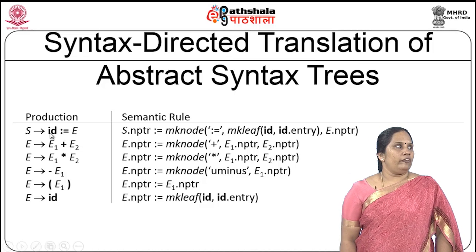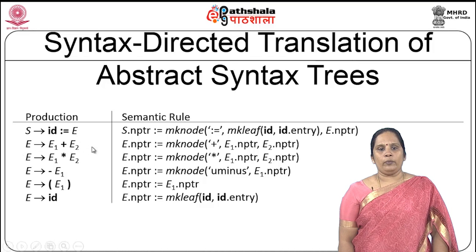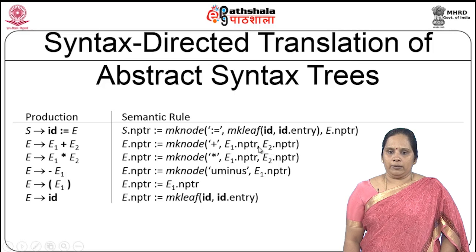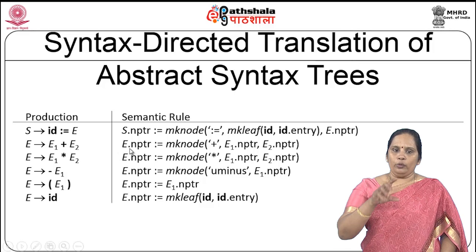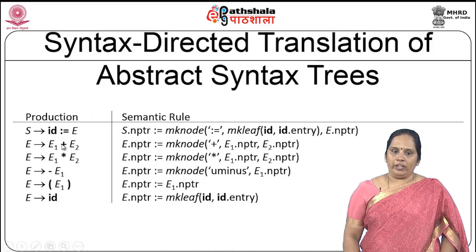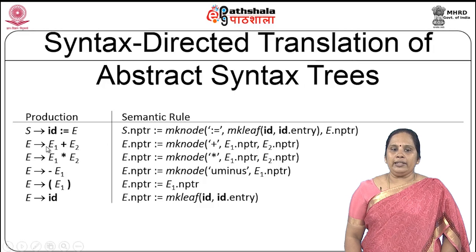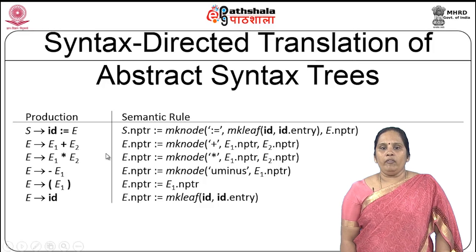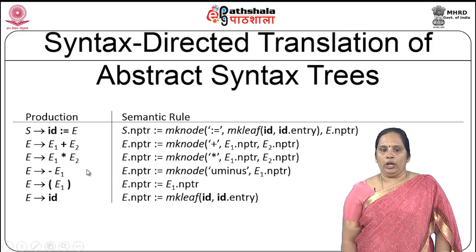So if e produces e1 plus e2, e dot node pointer will be make node of this, that is, I am creating a new node whose LHS will be the node of e1 and RHS will be the node of e2, and both are connected using the operator plus. Similarly I can write all these rules, and this is one way of converting your derivation tree to a syntax tree representation.